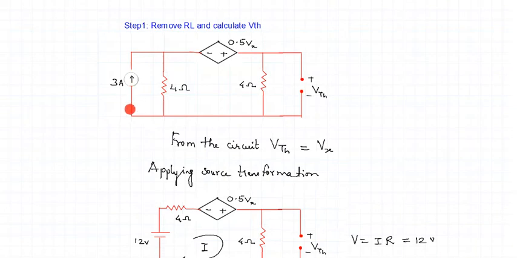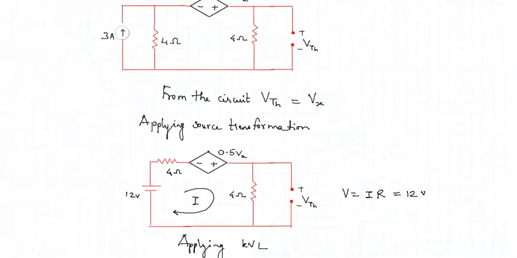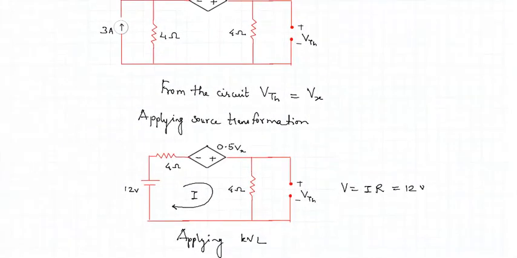So this combination can be replaced by a voltage source in series with the resistance. So the current source gets replaced by a voltage source, and the resistance which was in parallel now appears in series.